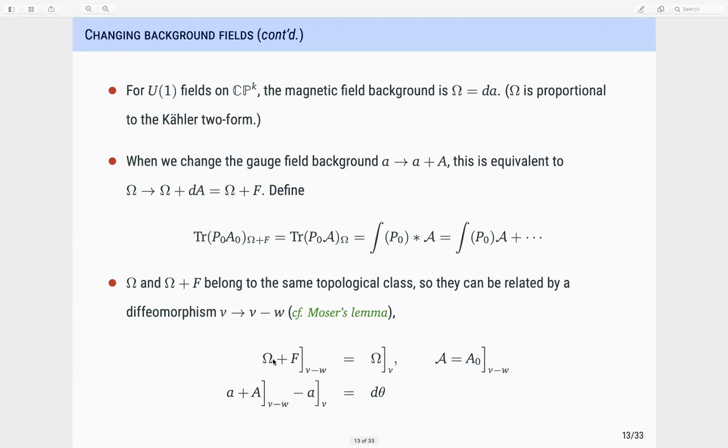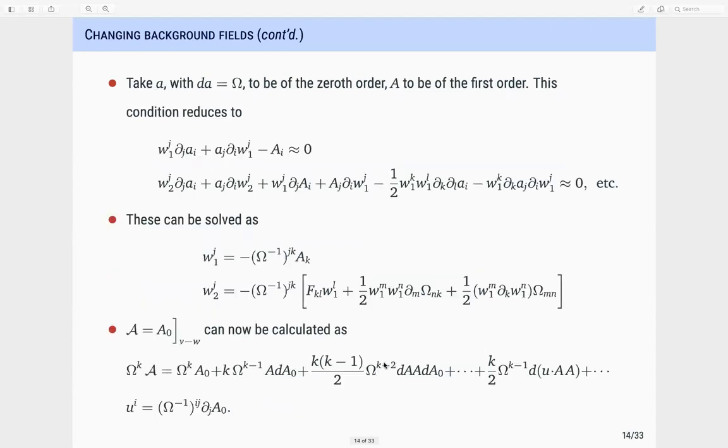Okay. Written in terms of the one forms, the difference should be just d of theta, so that the omegas obey this structure here. When I take the derivative, I eliminate theta and get this equation. So this is kind of the thing that one does in the context of Moser's lemma in classical mechanics. So I'm simply using that here. And let's go on to this.